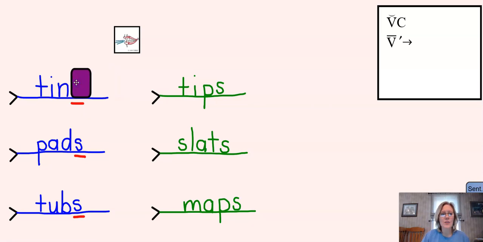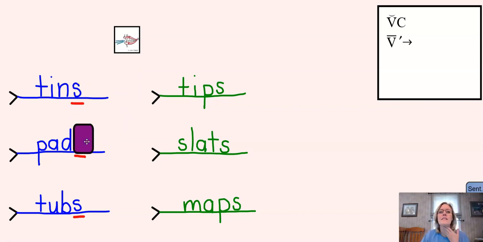Let's look at the base word. Was the final sound of the base word voiced or unvoiced on this? Voiced. So what did we talk about earlier? If there is a voiced sound before an ending S, it says Z, doesn't it? Good.